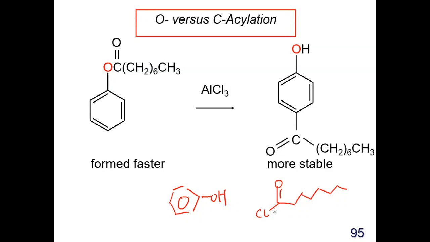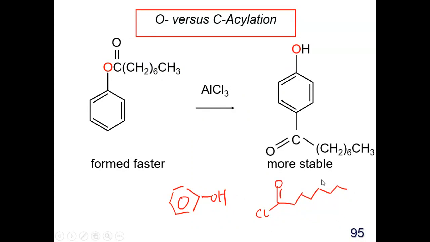If you let these two react in the absence of aluminum chloride, we know the oxygen atom here is more nucleophilic, so this product will form faster. The reaction is under kinetic control, so this one will be the product.